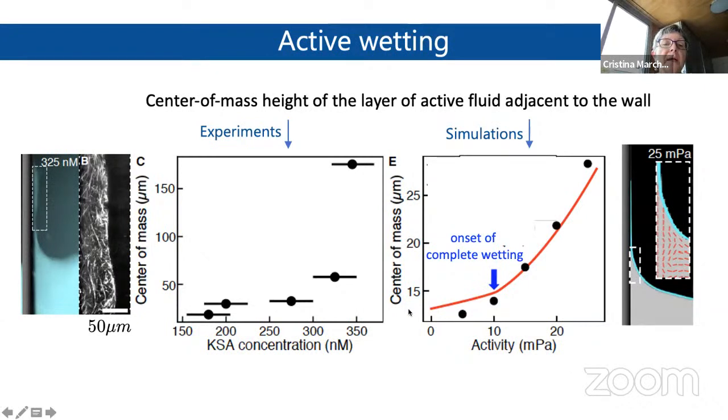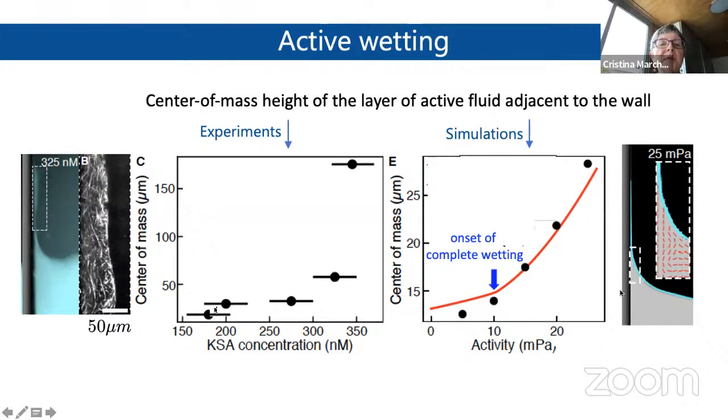So when we calculate that center of mass with this little model I showed you in the previous slide, we get this red line, which actually corresponds quite well to the points which are calculated in the simulation. And this is the point where complete wetting sets in. And this tells you that the layer increases in size with activity.